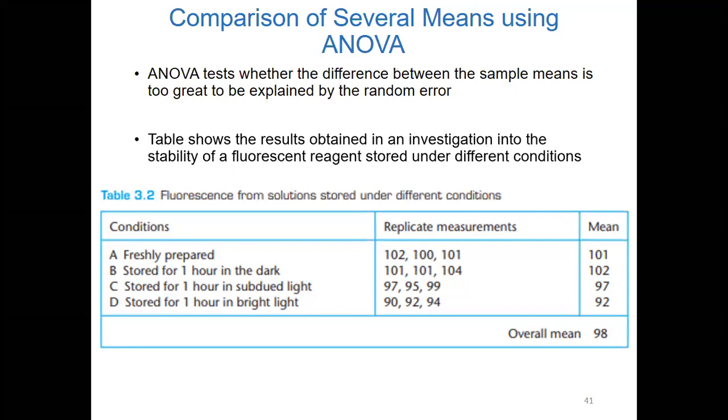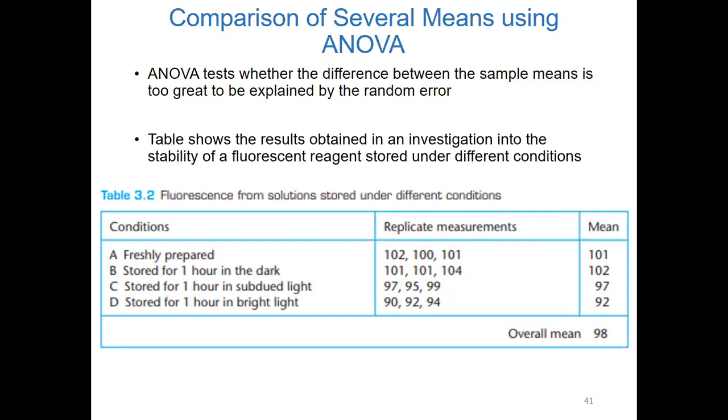So this fluorescent dye interacts with light in different ways. When the fluorescent reagent interacts with light, the fluorophore decays. Therefore, the fluorescence intensity will be less with time. Then, for the same reagent under 4 different conditions, we take the fluorescence measurement. They performed 3 replicates for each condition.